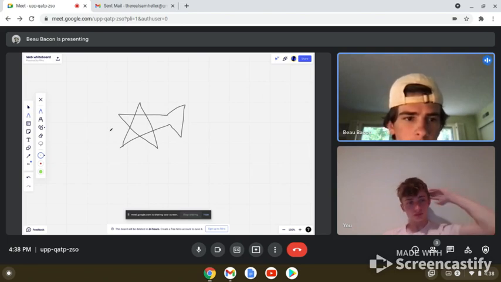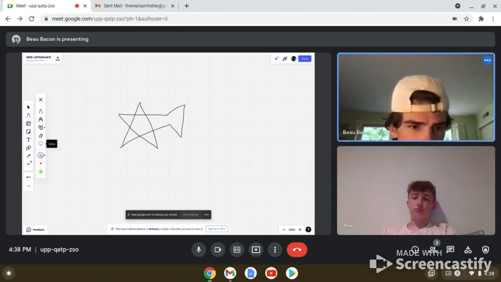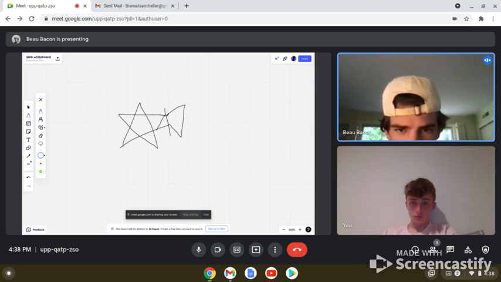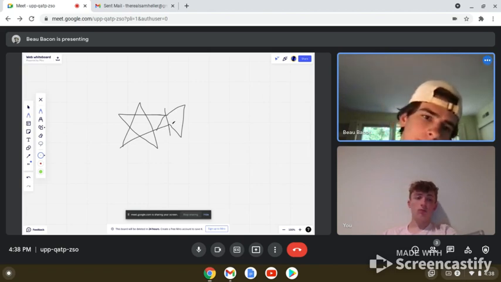So if we're going to do decomposition, which will be kind of hard to draw with the eraser on this application, we would cut it here. I'll just try to go like this, and then link it kind of like this. So ignore these two lines here, and then we're left with two different knots.